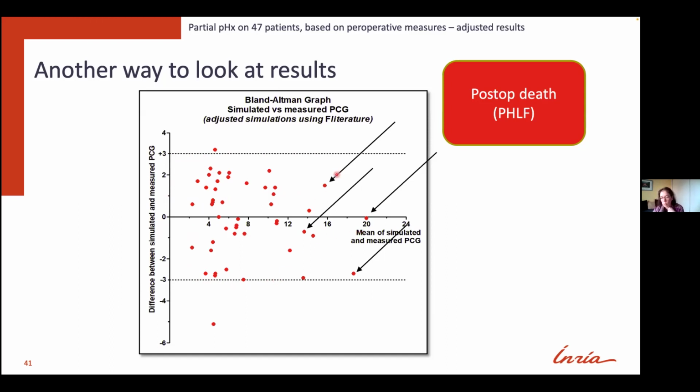Of note, there are 4 patients for which we predicted quite high pressure gradients. These are the ones that unfortunately suffered from what the clinicians politely call a PHLF, postoperative liver failure, which means that unfortunately the patient died.